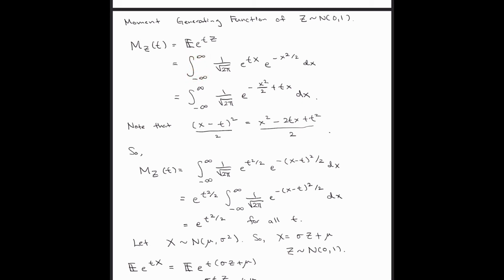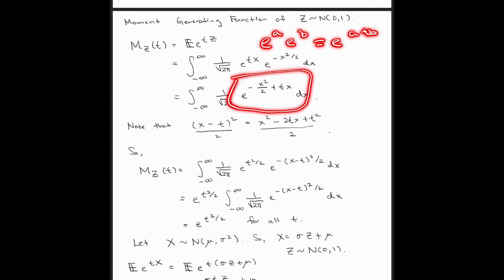Now, if you haven't done this integral before, it might take you a while to know what you should do with it. But here is how you would approach it. You would combine this e to the tx, since e to the a times e to the b is e to the a plus b, so we just combine the exponents over here.